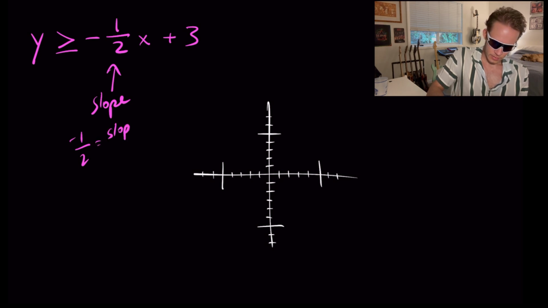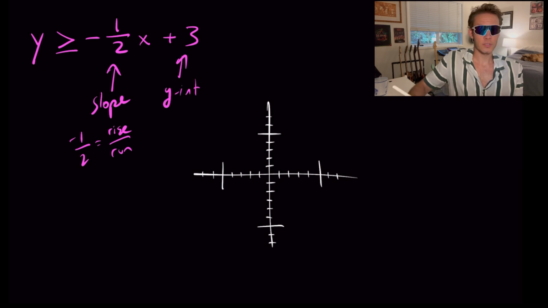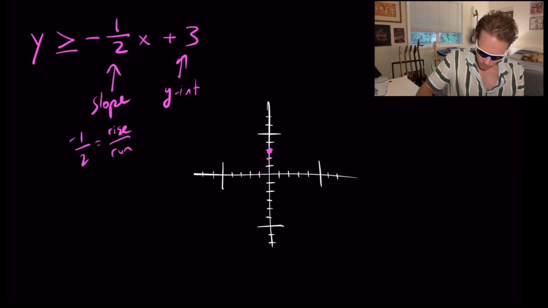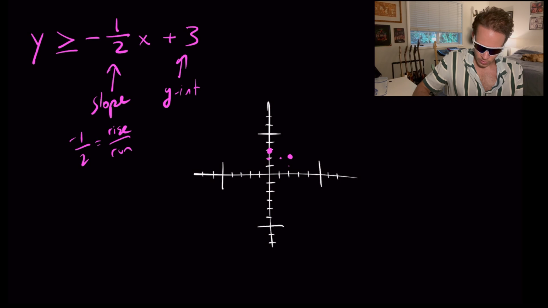That'll help us figure out how much to rise and run by. There's our y-intercept. So start at your y-intercept, right there. And then we're going to rise negative 1, so go down 1 and then over 2. Plot the point. Down 1, over 2. Plot the point.